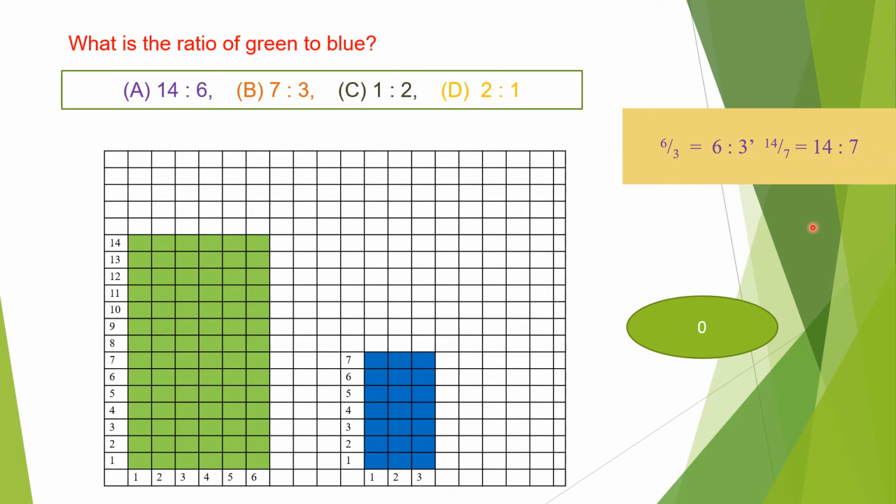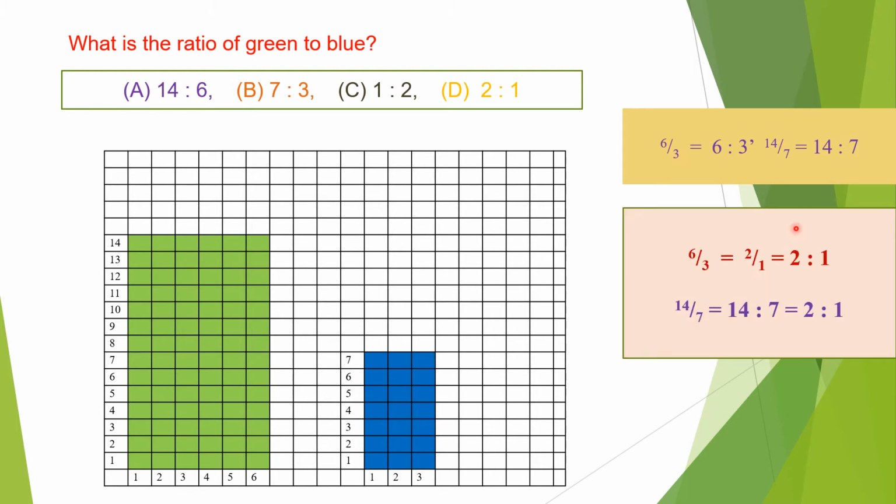Now let's continue and show you more. What you realize here is that we would have reduced the 6 over 3 to 2 over 1, which is equal to 2. What did we do? We divided by the highest common factor.